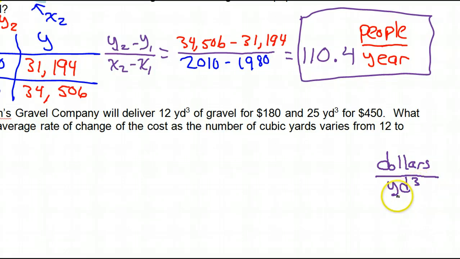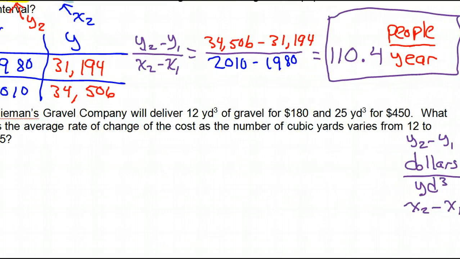So when we talk about how much gravel costs, we say it costs so many dollars per cubic yard. So that's the units. That means the dollars should be the Y values, so we're talking about Y2 minus Y1, that'll be the dollars. The cubic yards should be your X values, X2 minus X1.